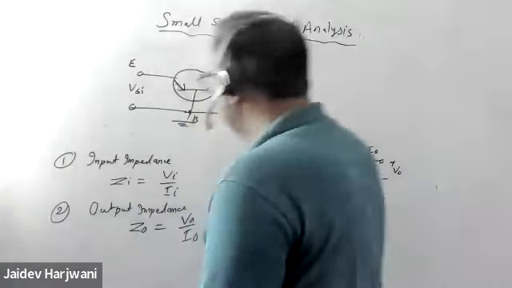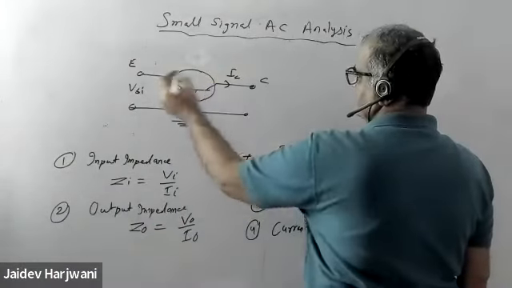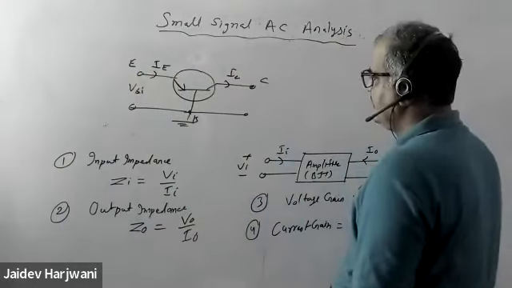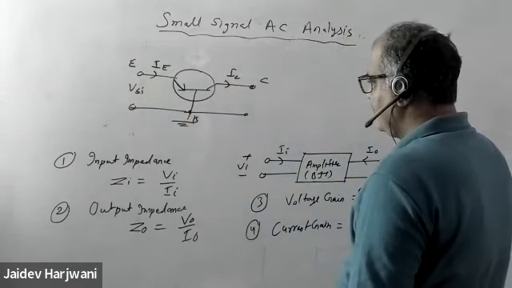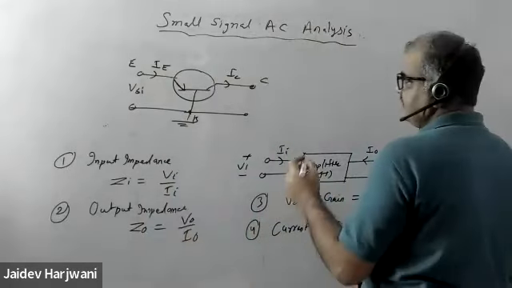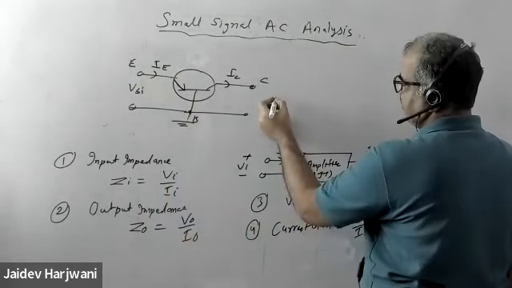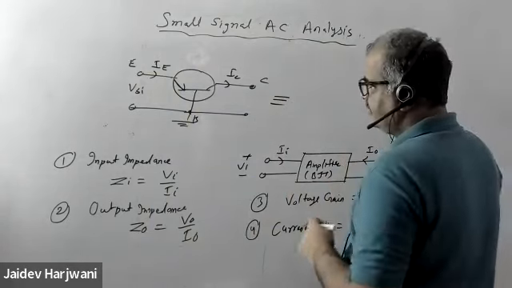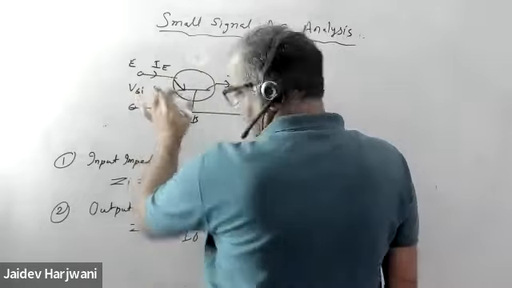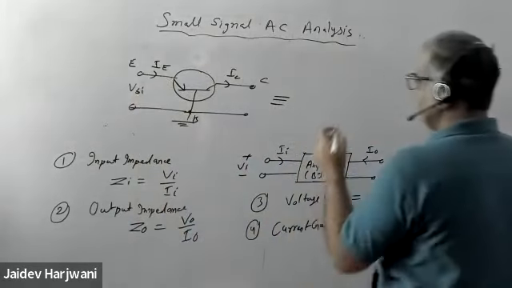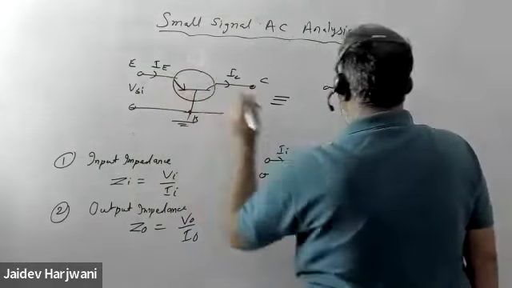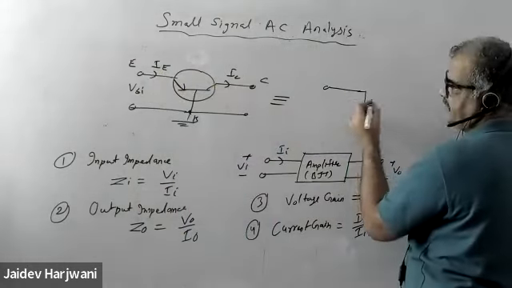Now I want to replace this transistor for an AC signal. If an AC signal is there, how can I replace this transistor? At the input, it is a junction, like a diode, so I can replace it by a diode.